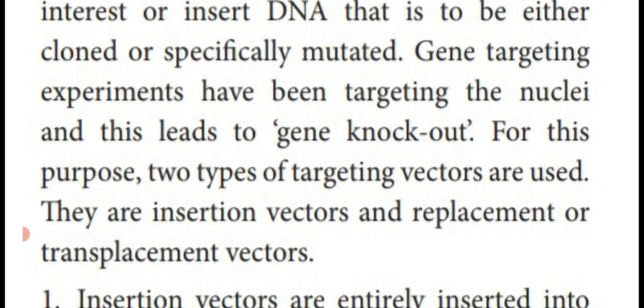The gene targeting experiments have been targeting the nuclei and this leads to the gene knockout. That means we are able to target the gene. The gene that is separated from the nucleic acid is known as gene knockout.